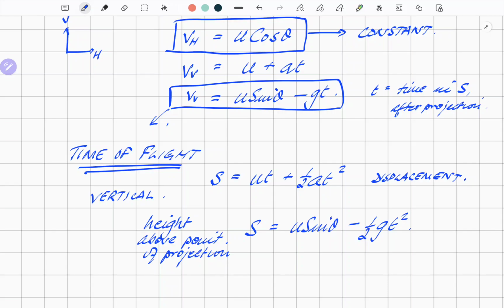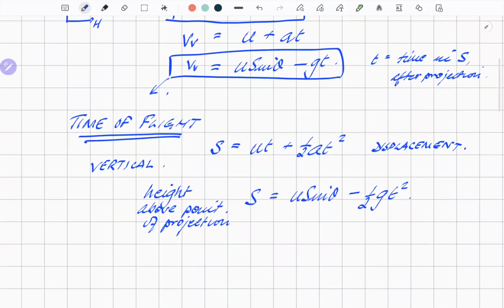The point then is that S equals 0 means that it's either t equals 0 at the initial point, because the vertical height is 0, or t equals, call it a big T, i.e. whatever time for the given information that you have.